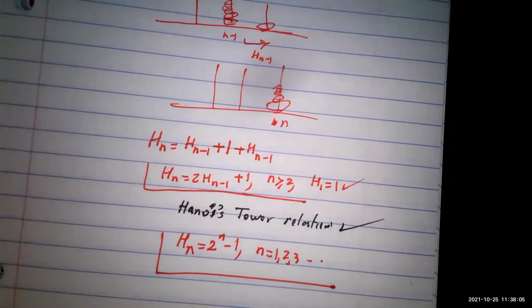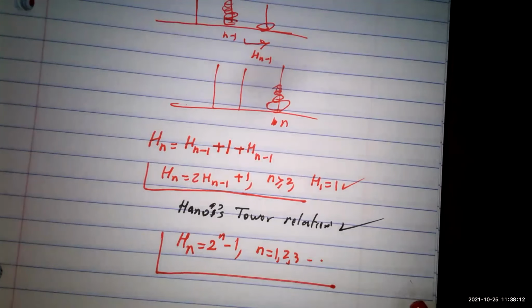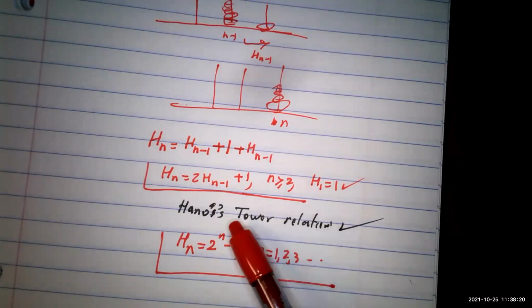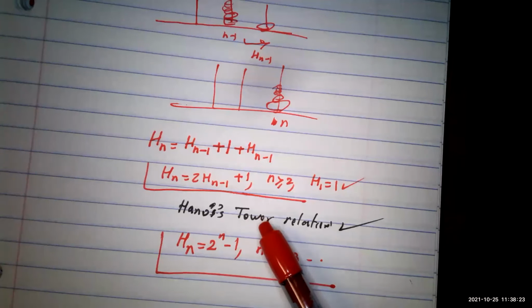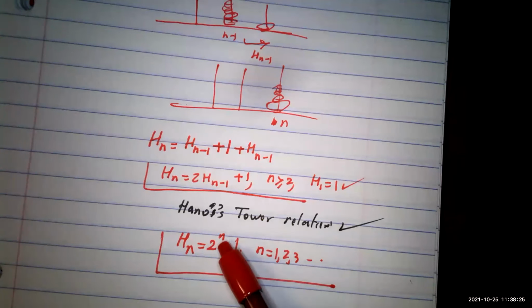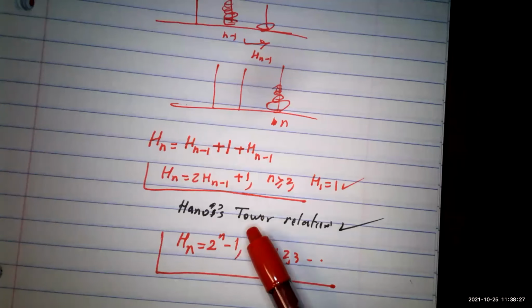Now, the story about it is quite interesting. This would be 2 to the n minus 1. Some people believe there is a church or something in Hanoi, where some people are moving golden disks, and the number of golden disks is 64.